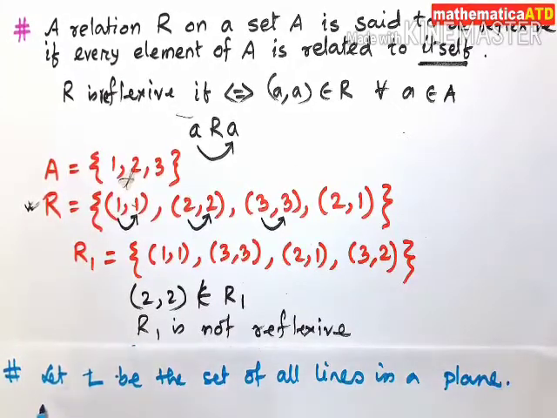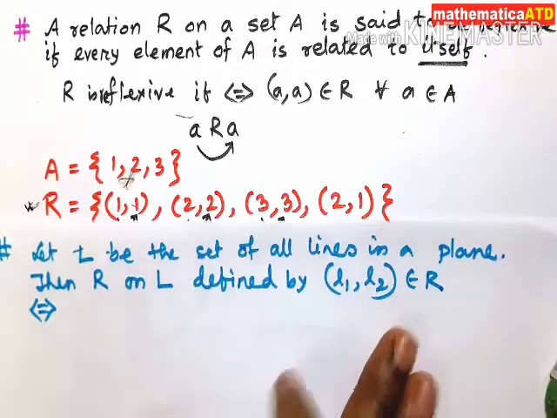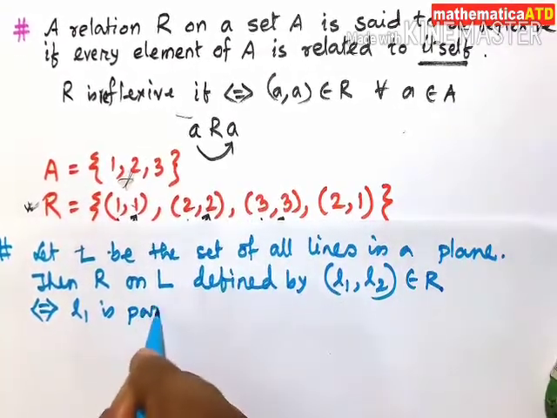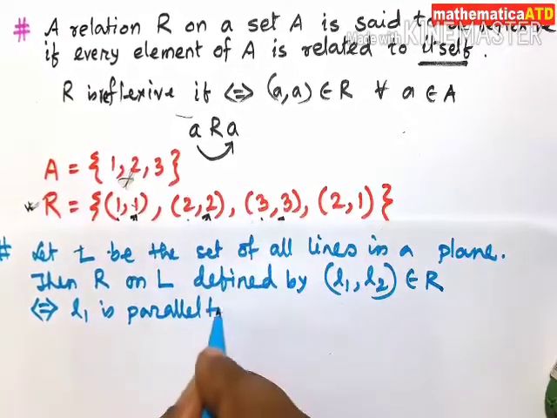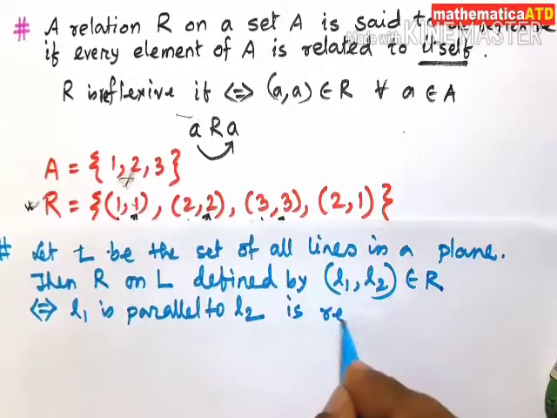Then the relation R on L defined by (L1, L2) belongs to R if and only if L1 is parallel to L2 is reflexive.